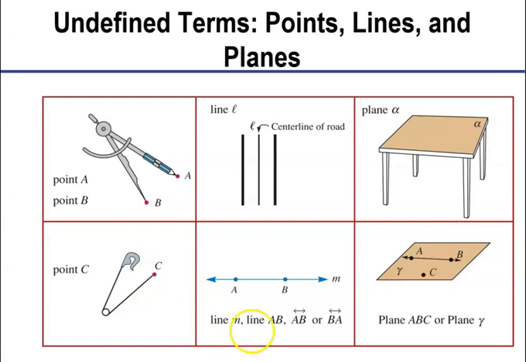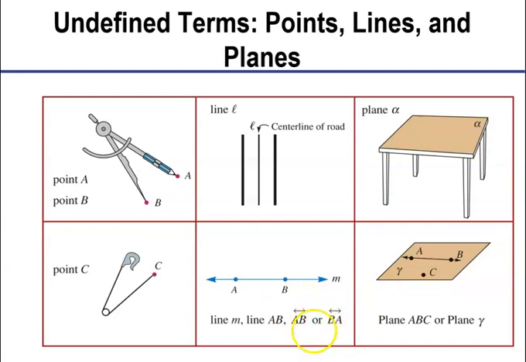Here you have line M. Notice the notation. They call it line M. You could also call it line AB without any indication on the top of what it is, or you could put a line, notice the arrows on each end, which indicates that this goes on forever in both directions. There's line AB, or you can name it line BA.